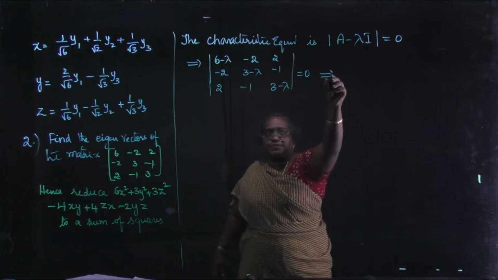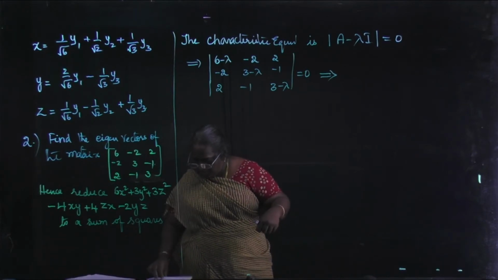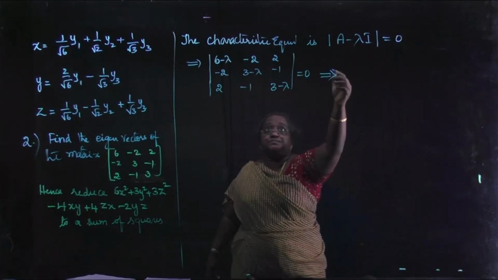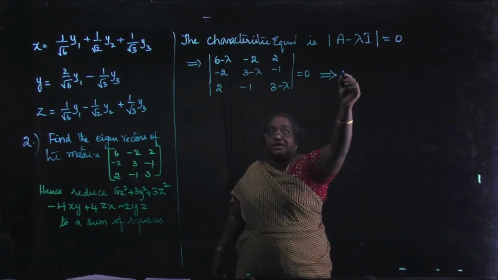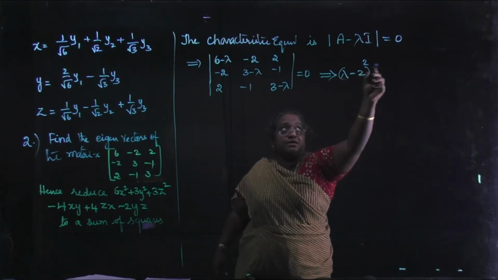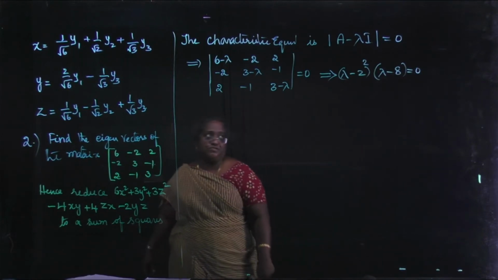So if you expand this, you will get the equation as lambda minus 2 whole square into lambda minus 8 is equal to 0. This is what we get here.